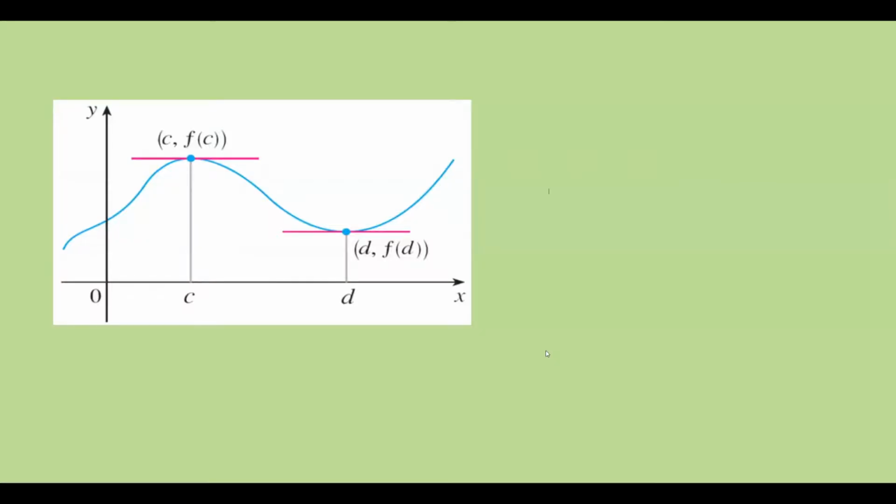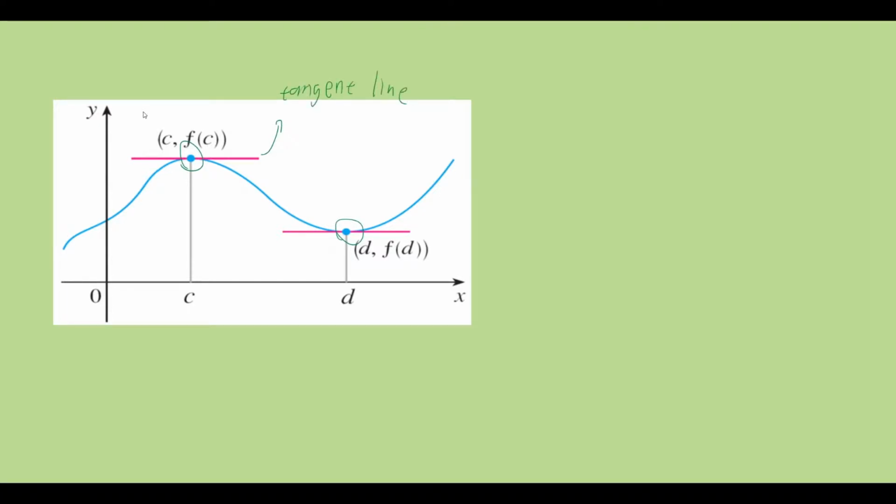All right, so here we have a picture giving us an idea on how to find local max and local min. We can see that whenever we have a local maximum or local minimum, the tangent line is always flat.